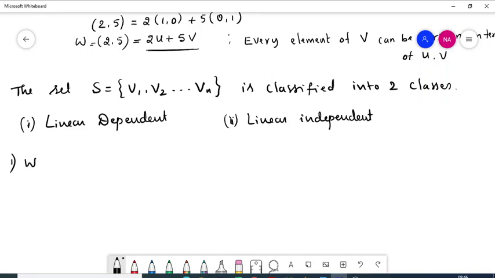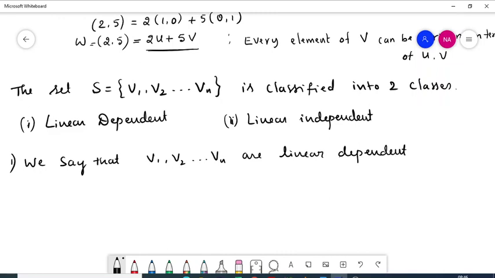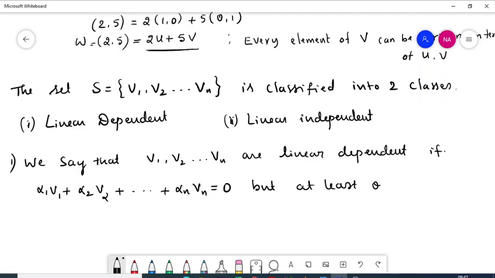We say, the definition, that v1, v2, ..., vn are linear dependent vectors if alpha 1 v1 plus alpha 2 v2 plus and so on alpha n vn equals 0 but at least one of the alpha i is non-zero.